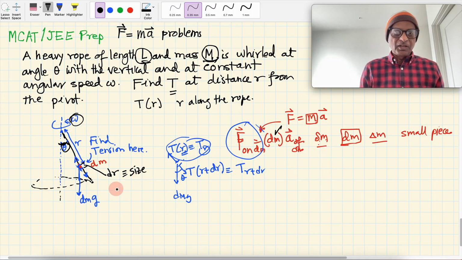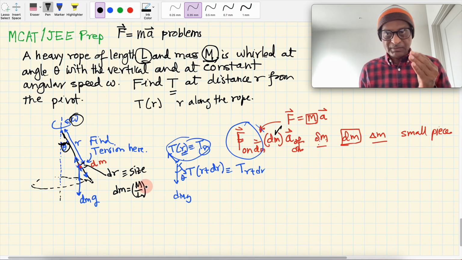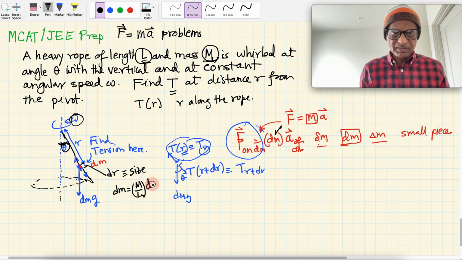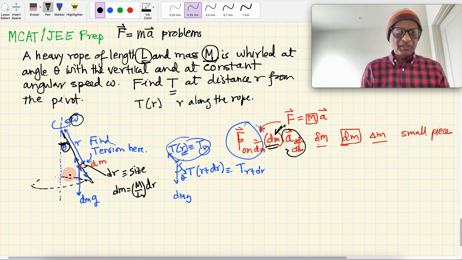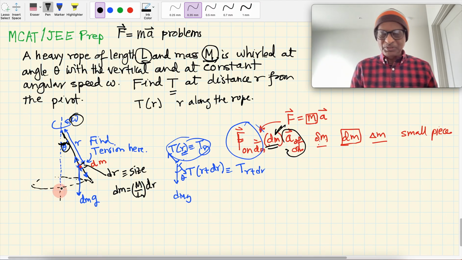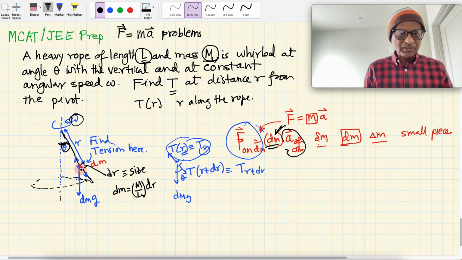So how much mass will be? dm will be mass over length, that's the linear mass density, times dr. So we got that one too. How about the acceleration part? What is the acceleration of this thing? Well, you just have a look at the motion. It's going in its own circle, a smaller circle than that, and it has a radius this r.